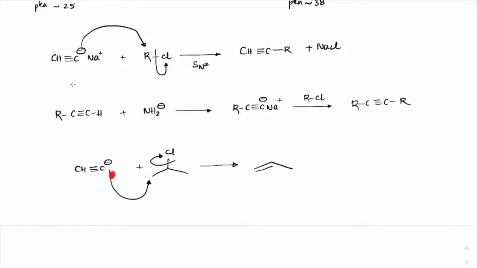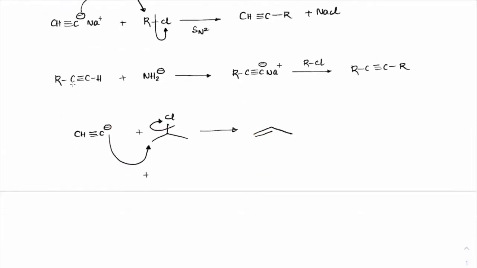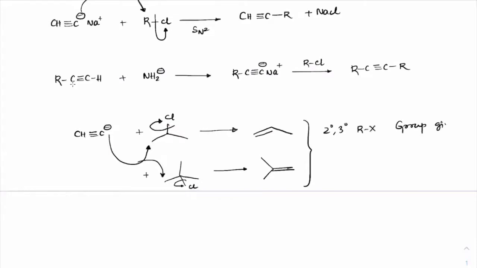So it would prefer to go by the E2 mechanism to get the substituted alkene. Even if you have a tertiary group here, the same reaction, it will extract a proton, remove chlorine from here, and you would get a double bond. So 2 degree, 3 degree RX groups give E2 as the predominant products.